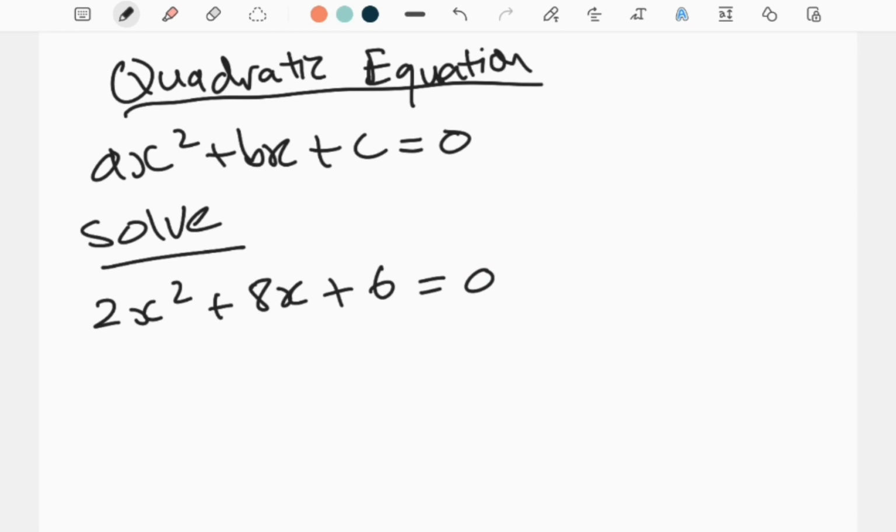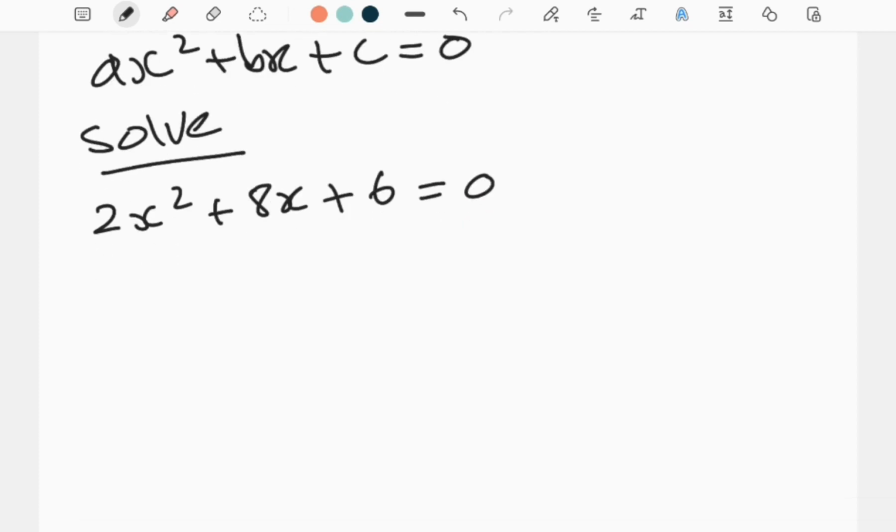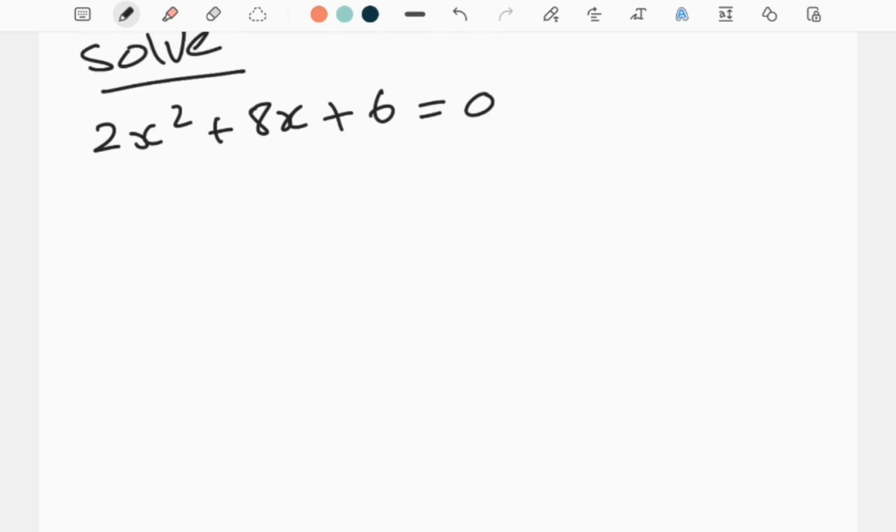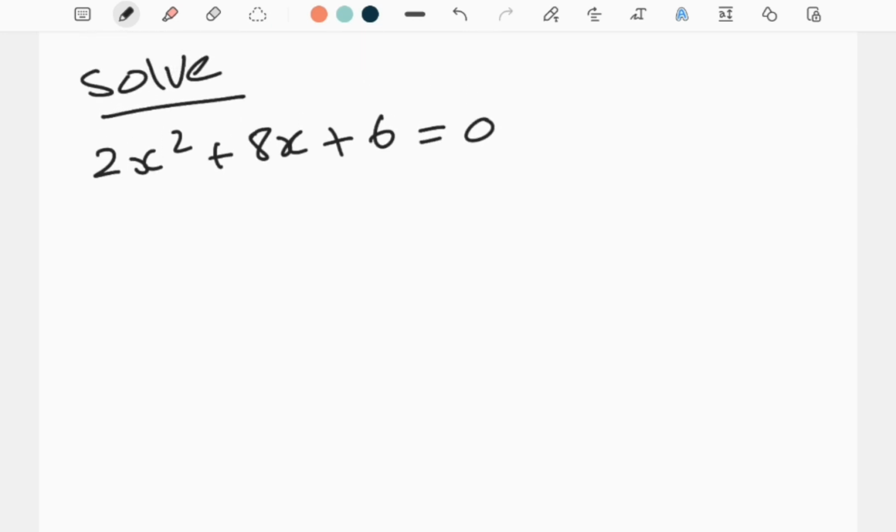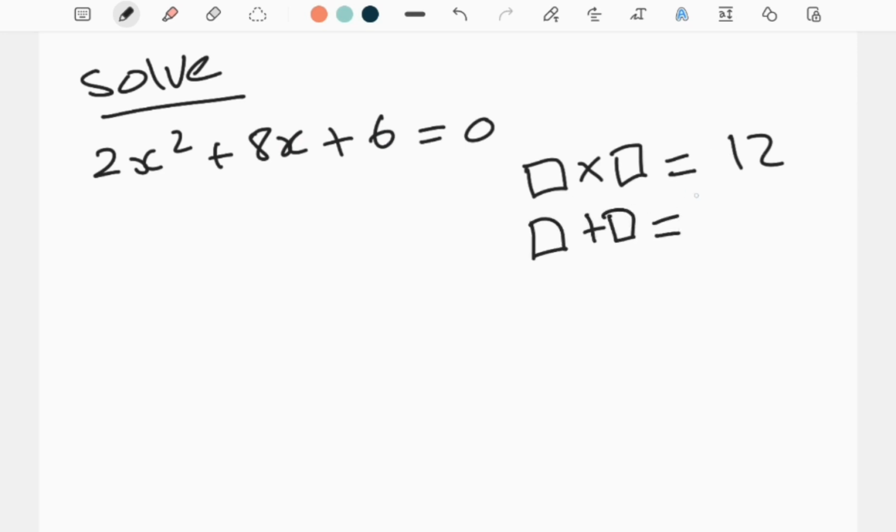Okay, so in this example, what we have to do is look for two numbers that times to give 12, because you see 2 and 6, times them together to give you 12, and two numbers that add to give 8, which is the middle number.